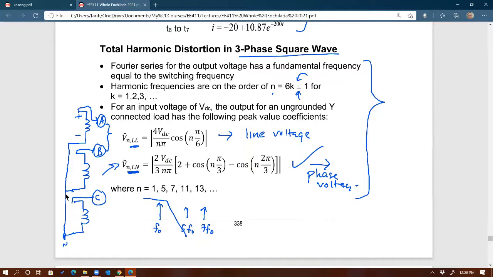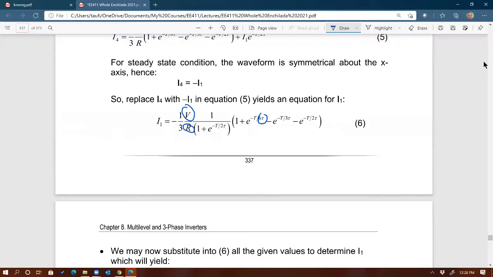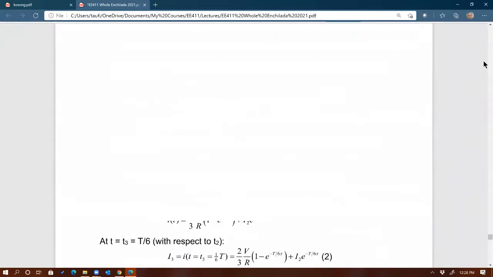I had a question. Go ahead. That n equals 3, 9, and so forth is eliminated because of alpha, right? That firing angle? That's different, okay? That's the previous inverter. The previous inverter is multi-level. This is a 6-step. So there is no alpha here. If you look at the switching signals, these are all fixed.